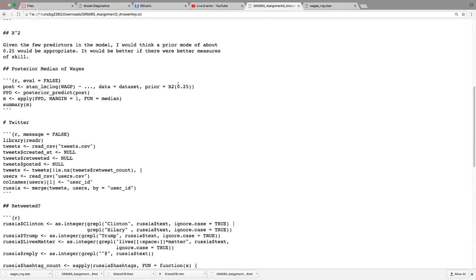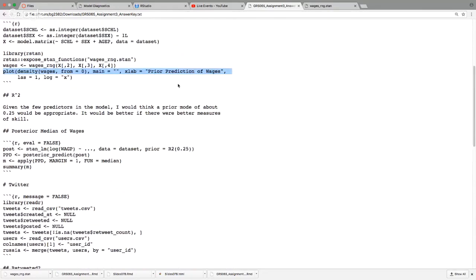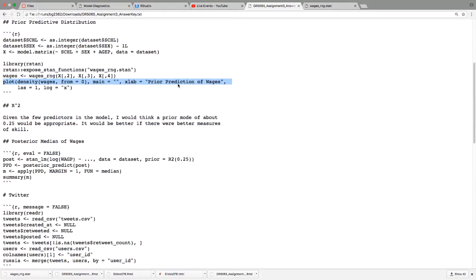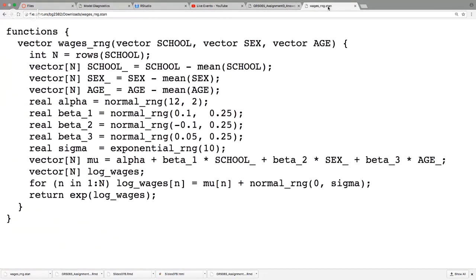The stan_lm function inputs a formula like regular lm. And like regular lm under the hood, you don't see this part, but it makes an X matrix. And that X matrix can have as many columns as there are variables in the formula. Actually, when it goes to do its thing in Stan, instead of having vector school, vector sex, vector age, it just says matrix X. And a matrix can have whatever number of rows, whatever number of columns.